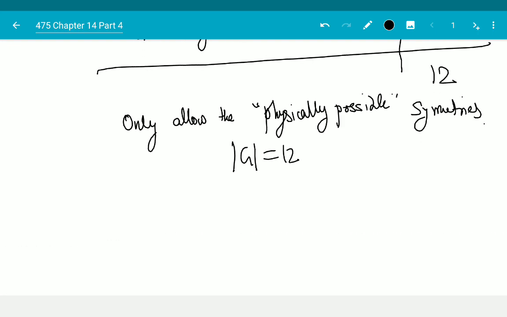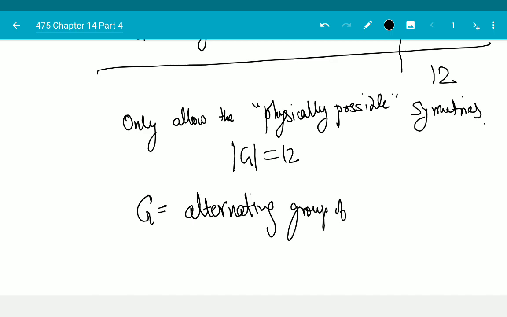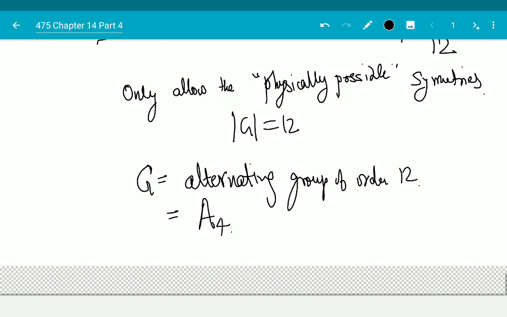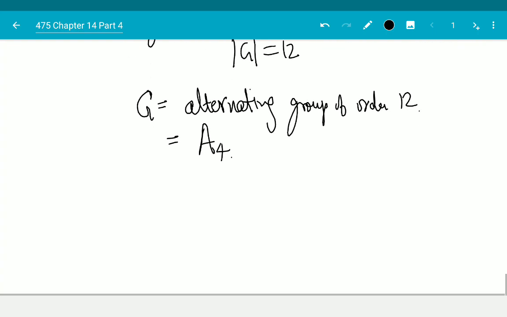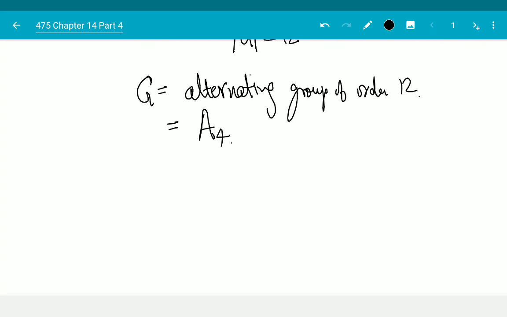Okay, and this is called the alternating group of order 12, which is actually denoted A4. Okay, so alternating group of order 4 has 12 elements.